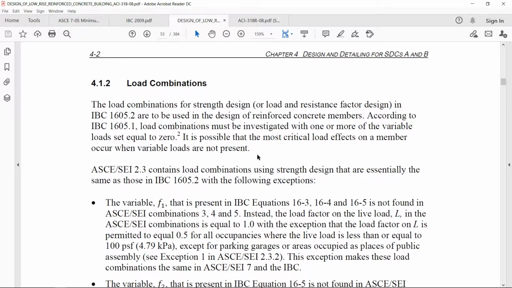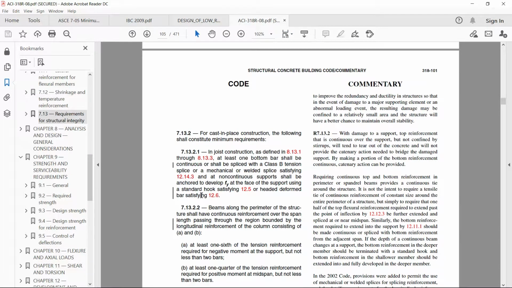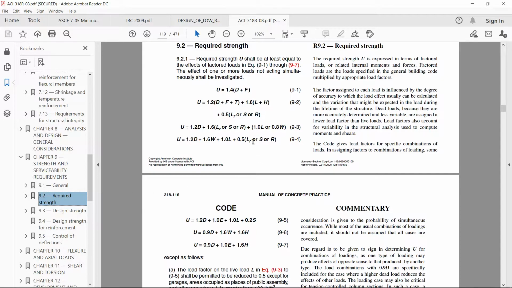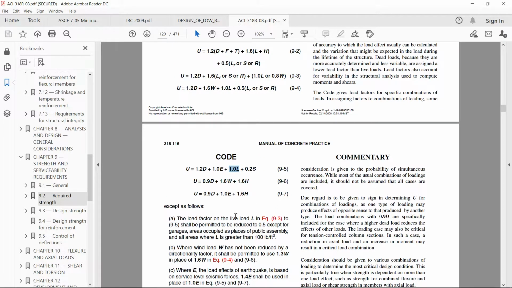Now here I need to explain something. First of all, I have my code ACI 318, and I know that ACI 318 paragraph 9.2 gives me the load combinations, equations 9.1, 9.2, 9.3, 9.4, 9.5, 9.6 and 9.7. Equation 9.5 gives me a combination of 1.2D plus 1.0E plus 1.0L plus 0.2S, where the coefficient 1.0L is further explained over here.